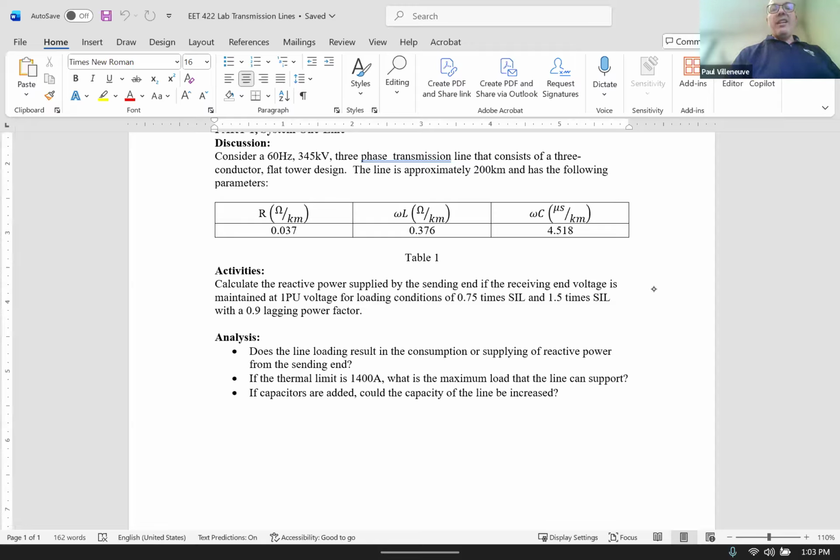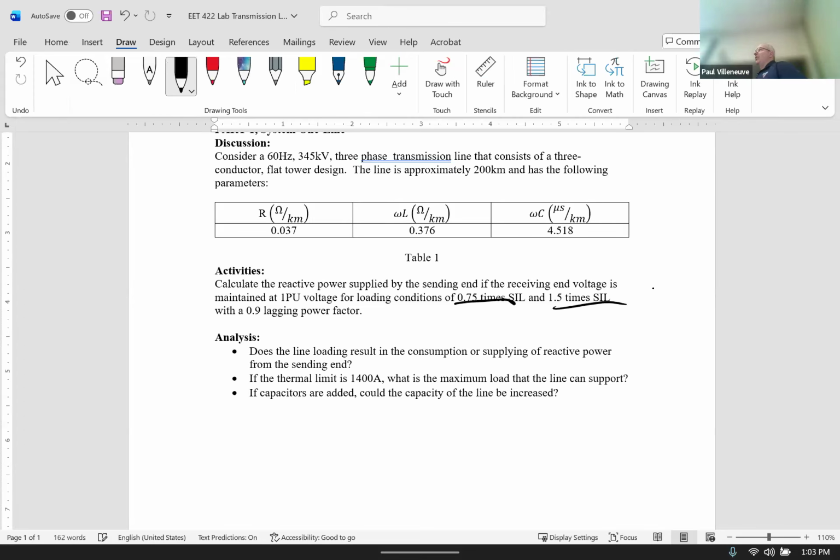We should already be thinking this is written in terms of surge impedance loading, right? For the lossless line. And we said anything less than 1 per unit SIL means that the line should be supplying reactive power. Anything greater than the SIL should be absorbing reactive power.